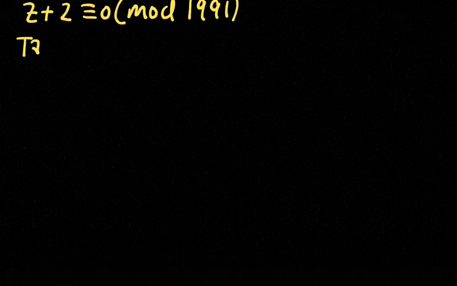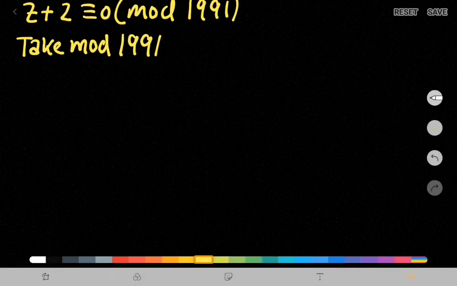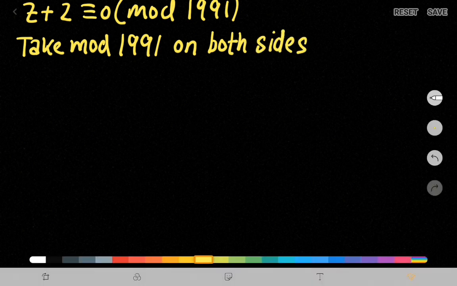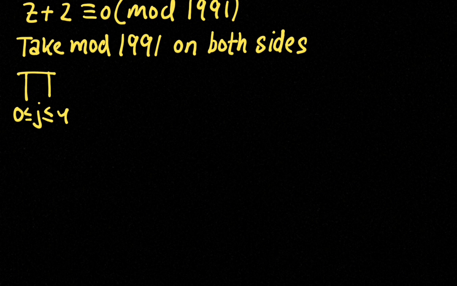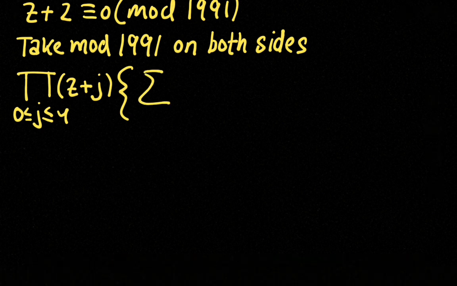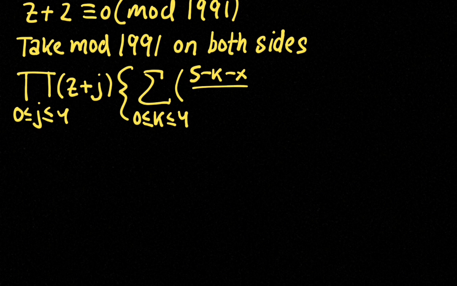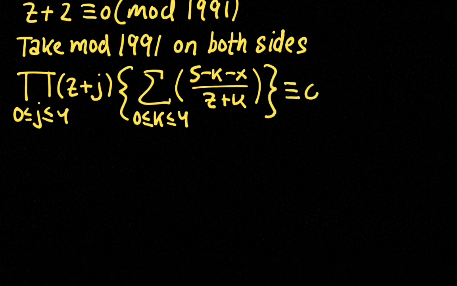So take mod 1991 on both sides. We will be getting (z + j) times the summation of 0 ≤ k ≤ 4 of (5 − k − x)/(z + k) is congruent to 0 mod 1991.